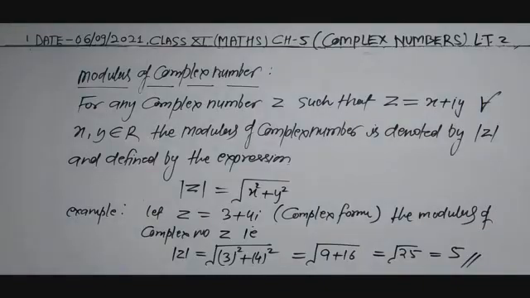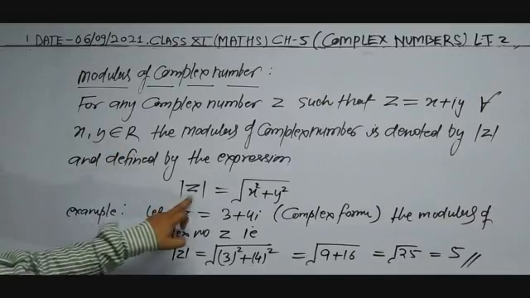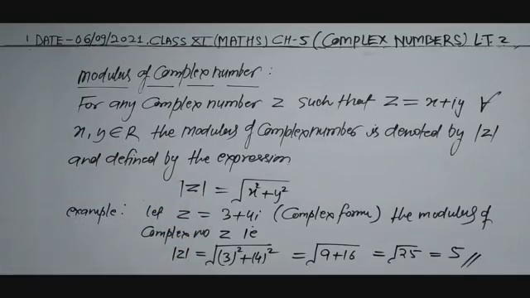See, this is the definition of the modulus of a complex number. So again, for any complex number z such that z is equal to x plus iy, the modulus of the complex number is denoted by mod of z and defined by the expression mod of z is equal to root over x square plus y square.